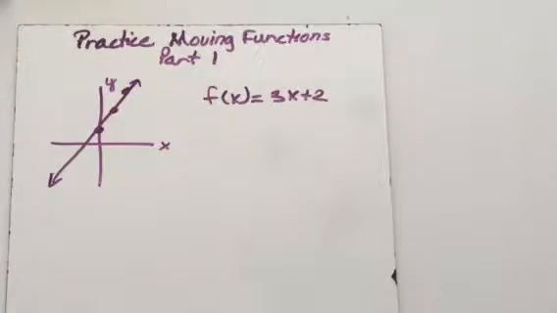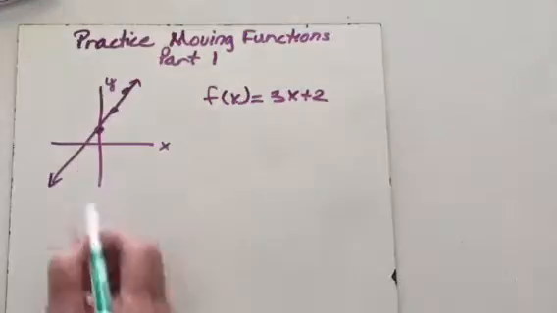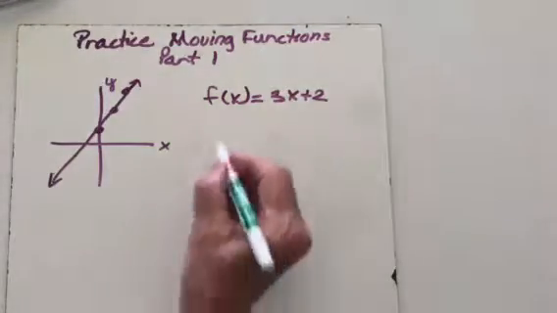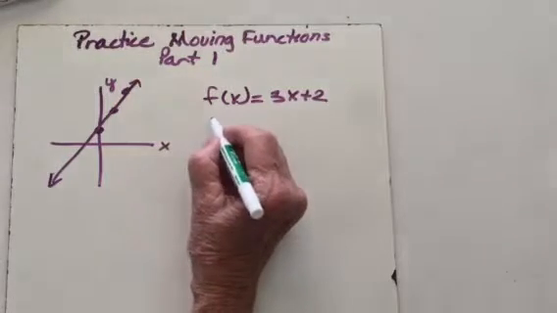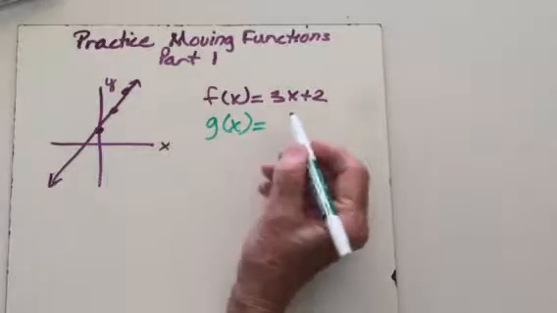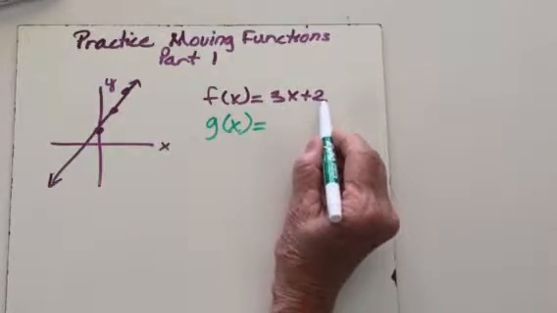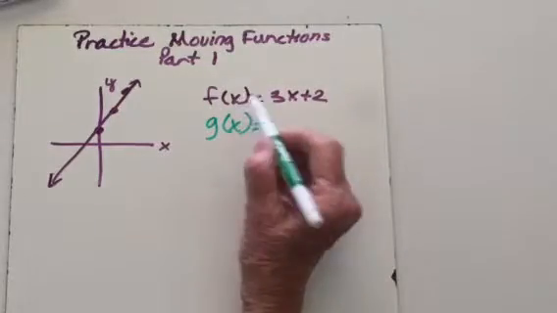All right. So what if I would say to you, I would like to move this line. So now I want to say g of x is going to equal this whole thing. Now what is this whole thing called? It's called f of x.